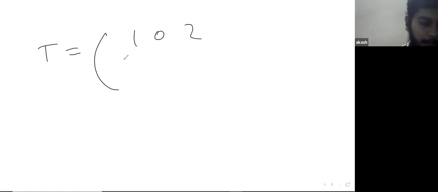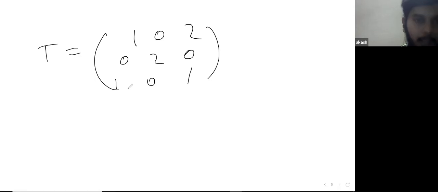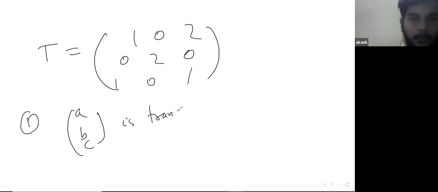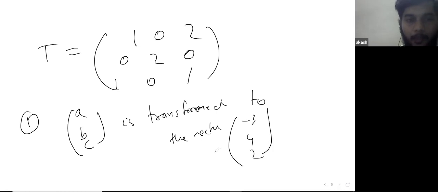If the transformation matrix is this, 1 0 2, 0 2 0, 1 0 1, they are asking you to find the vector a, b, c that is transformed to the vector minus 3, 4, 2. They are asking you to find a, b and c.